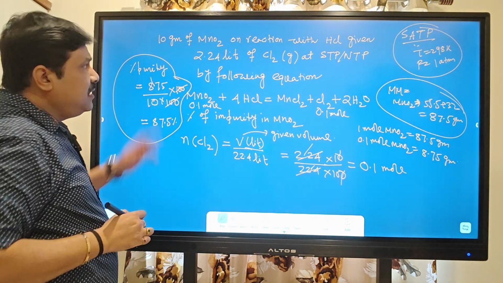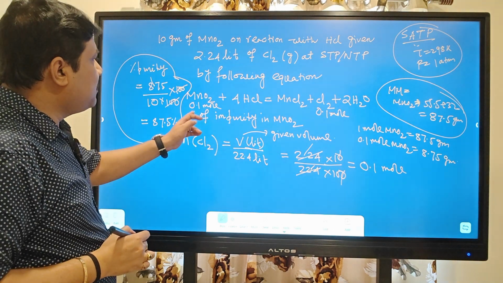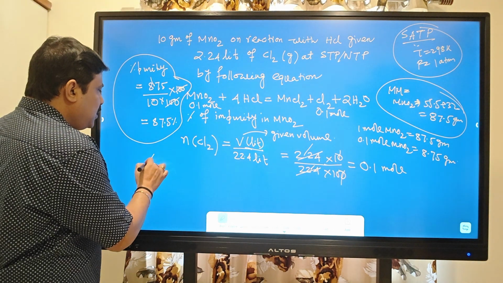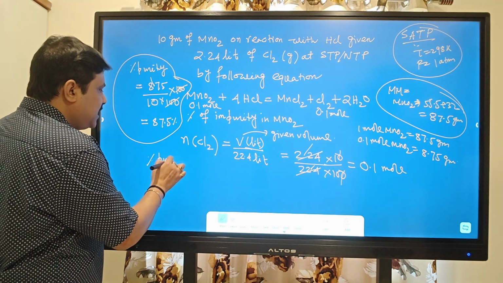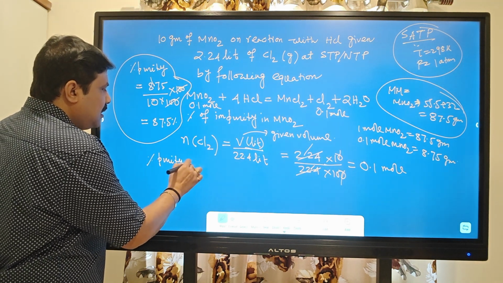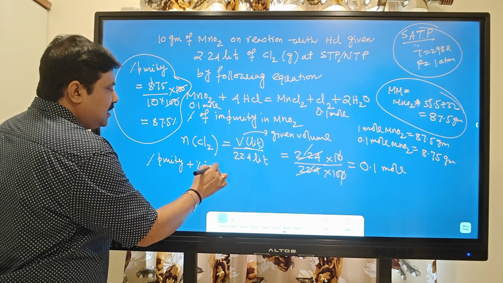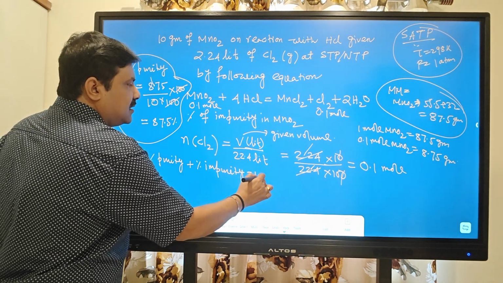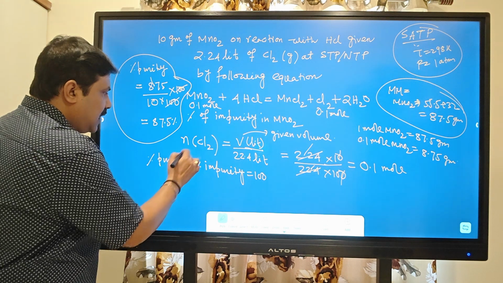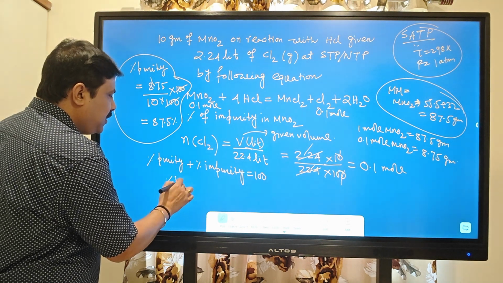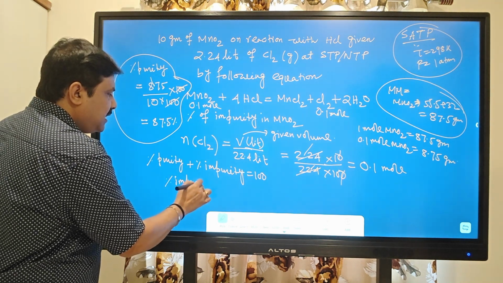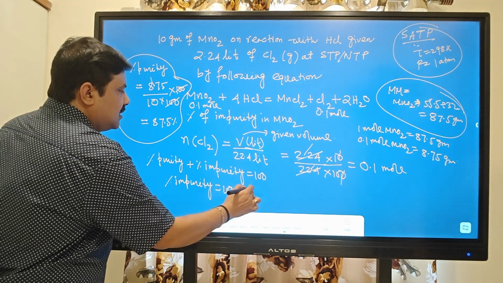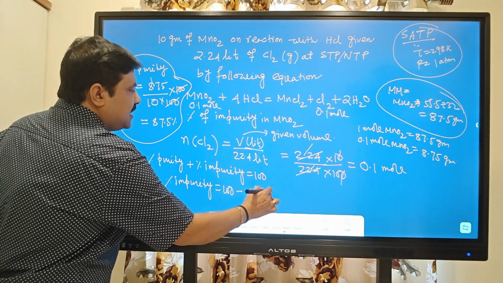So in this problem they are not asking the percentage of purity, they are asking the percentage of impurity. We know percentage of purity plus percentage of impurity equals 100. So immediately I can write percentage of impurity will be equal to 100 minus percentage of purity.